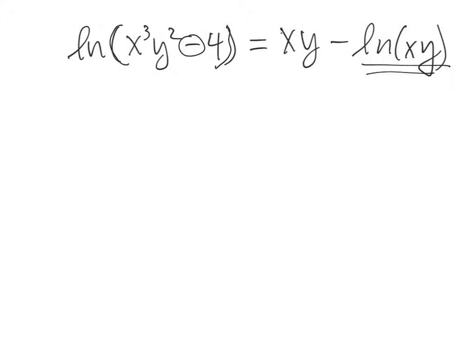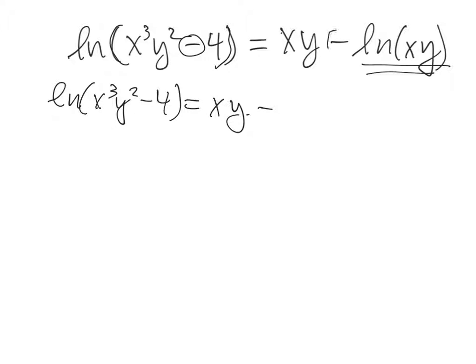But this part, we could at least separate a little bit. Let's go ahead and look at what that would be before we do the derivative. Now, we have the minus out in front, so we've got to watch that as well.